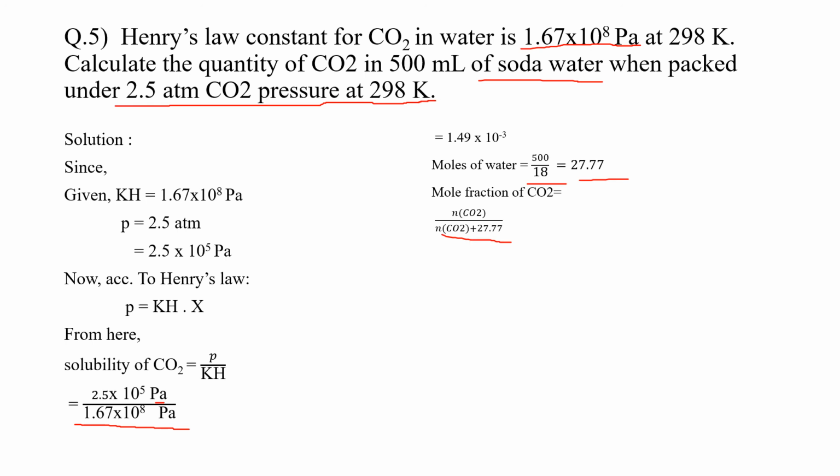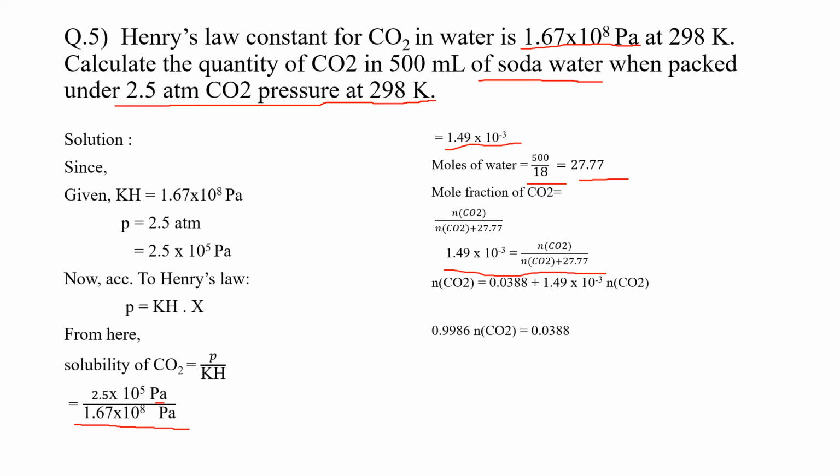On putting the values, we get an equation in which the number of moles of carbon dioxide is n of CO2, the number of moles of water is 27.77, and the mole fraction of CO2 that we calculated earlier is 1.49 × 10^-3.